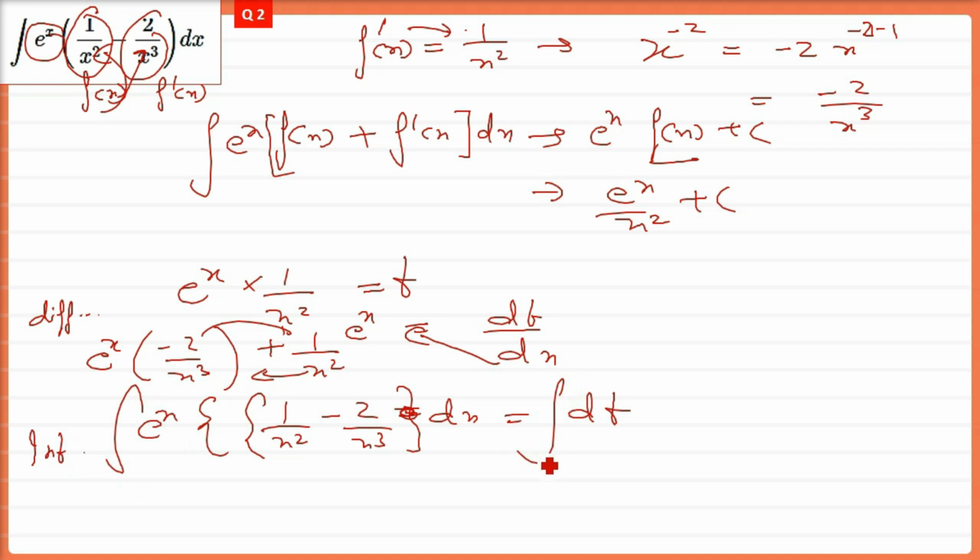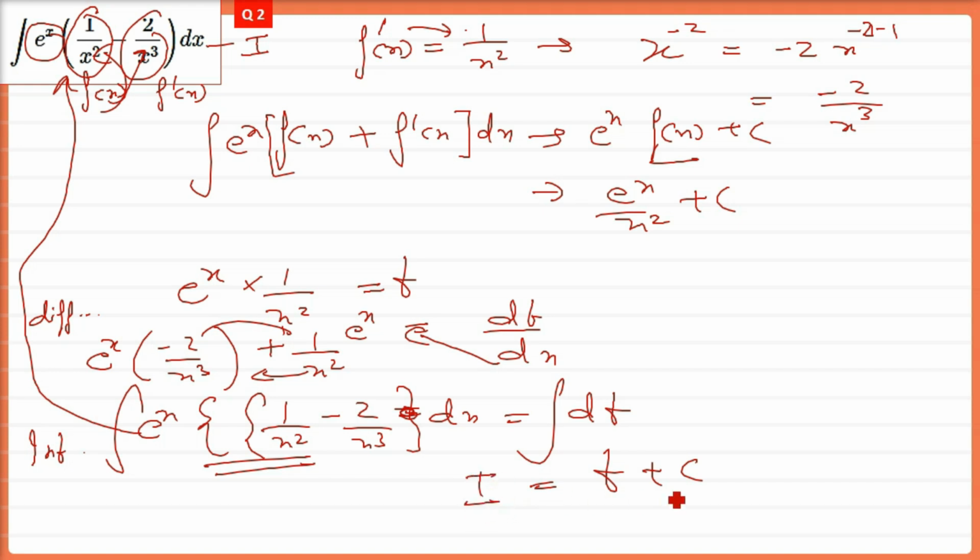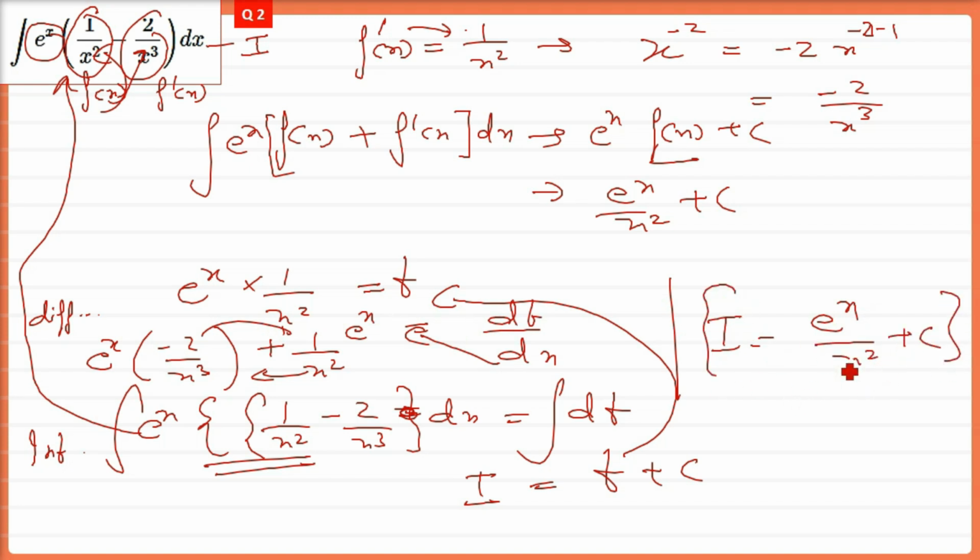When you integrate, you don't have to integrate the left hand side, because right hand side is simply t plus c. But the left hand side is the original integral we are talking about. This is the integral. So I equals to t plus c. But t, which initially we assumed to be e raised x into 1 by x square. So this integral will become e raised x by x square plus constant of integration. That is the proof of the formula also.